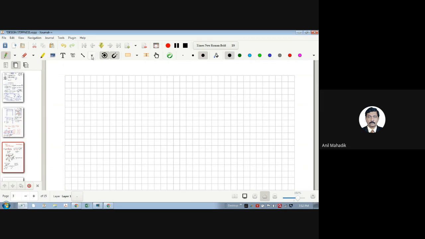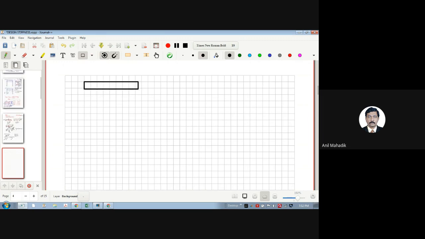Let me take a simple example, just for comparison purposes. Let's say I have a beam supported here, and the span is L. The cross section of the beam is like this: let's say this dimension is 10 and this is also 10.